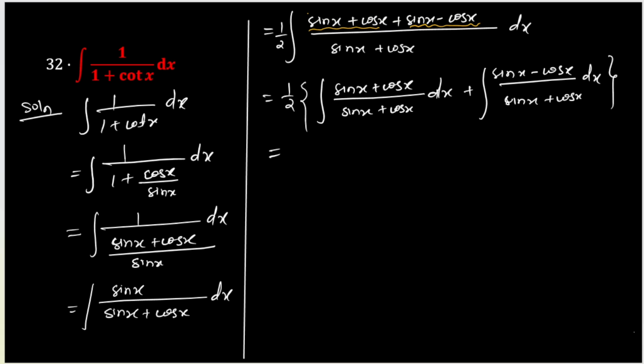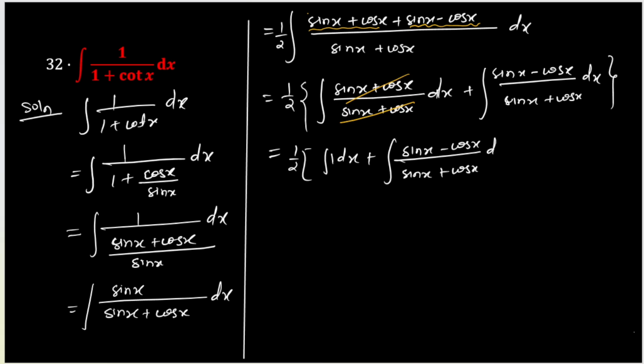The first term is 1, so 1 by 2 integral of 1 dx plus the integral of sin x minus cos x divided by sin x plus cos x dx.